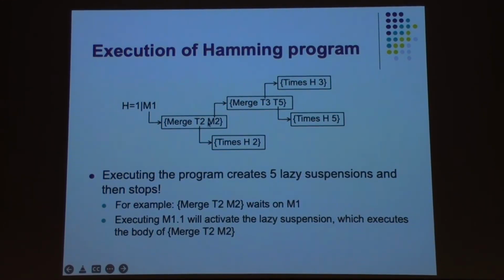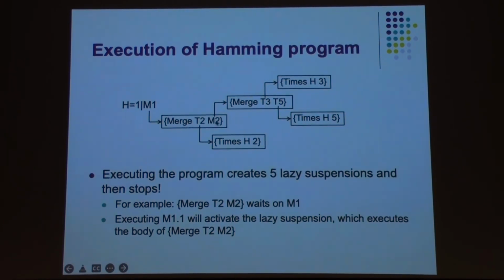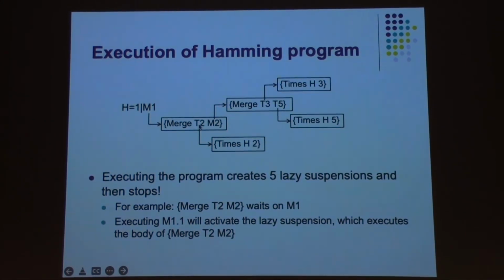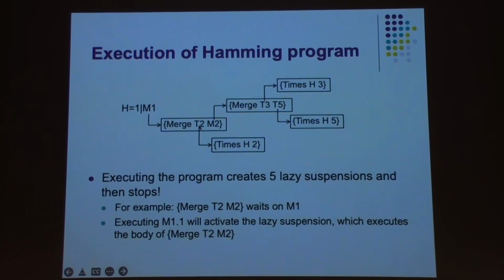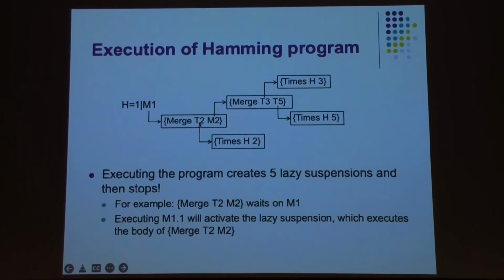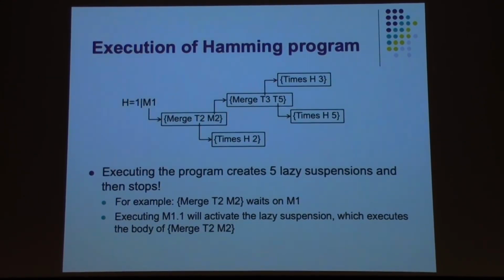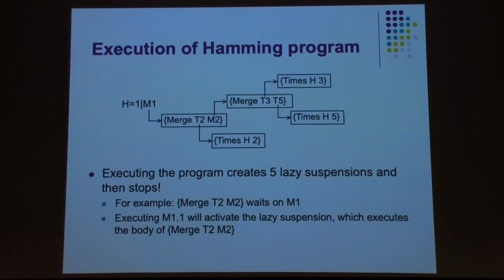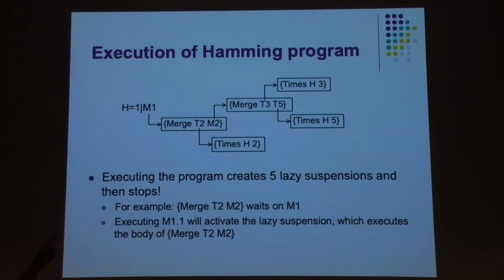And in this merge call, we have two arguments, two more variables, T2 and M2. T2 has a thread waiting on it with this call. M2 has a thread waiting on it with this. So each of these variables, M1, T2, M2, they're all variables in memory, and each one of them has a thread, a lazy suspension waiting on it. So in memory, it looks kind of like this.